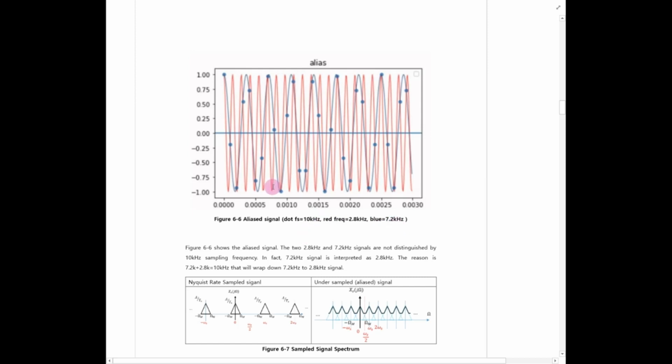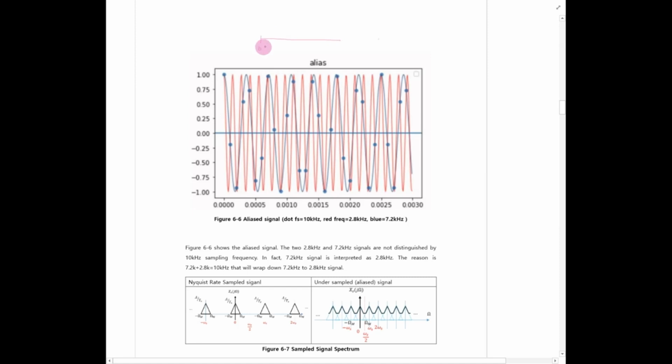That is aliasing. We cannot distinguish between these two frequencies because 7.2 kilohertz doesn't satisfy the Nyquist rate. By folding, you may understand that the 2.8 overlaps with the 7.2 kilohertz.